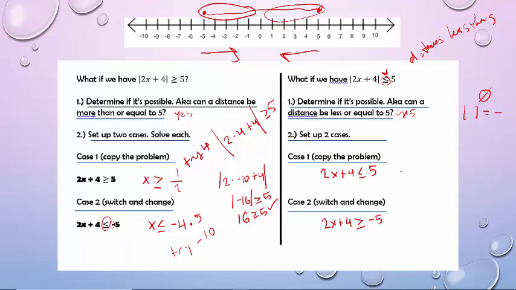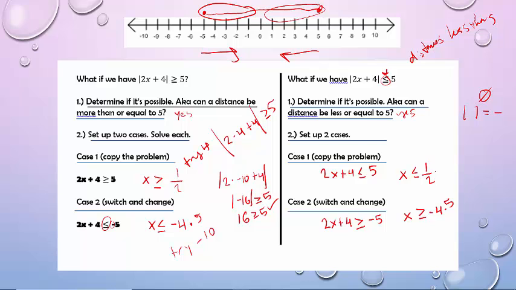And if we were to solve this very quickly, once again, we would get the number 1/2, but this time my sign is reversed from what it originally was in the other scenario. For this one, we're going to get x is greater or equal to -4.5.